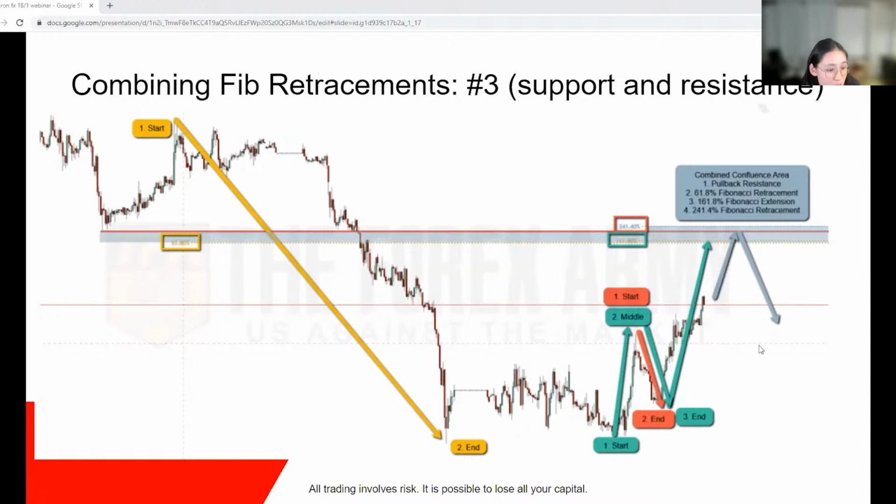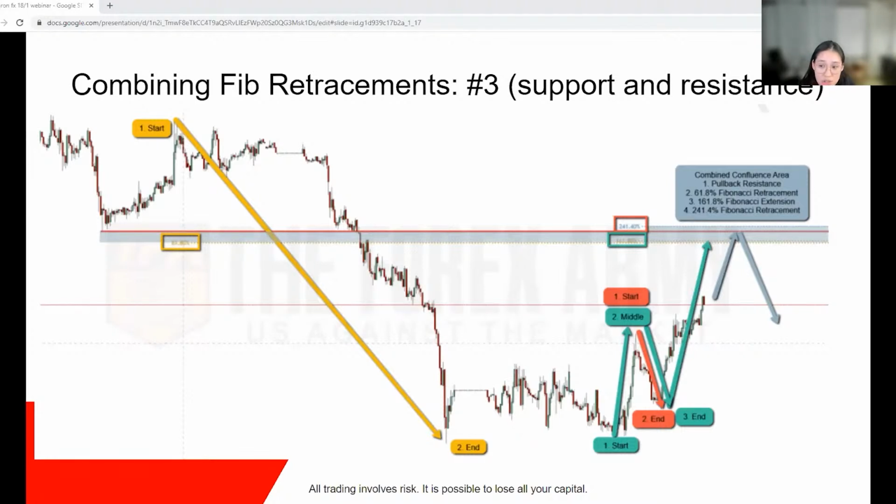Okay, yes. So you can see the flash over here, the flash signal. This is a Fibonacci extension, the green arrows. And then we have another Fibonacci retracement, which is the red arrow. And all of these three levels line up with our pullback resistance.